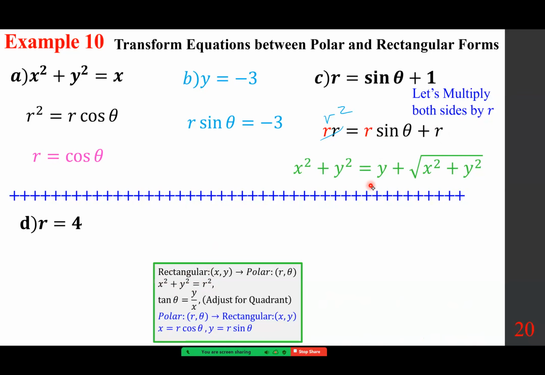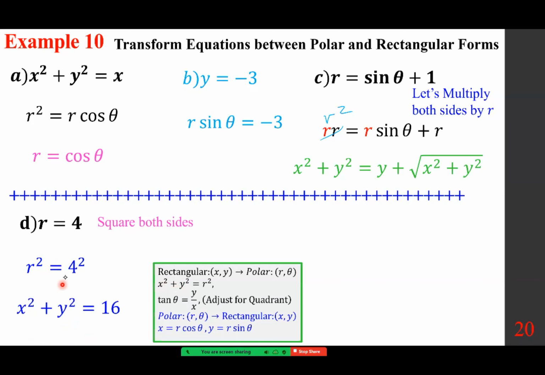What about r equals 4? The technique is to square both sides, which means r squared is 16 in essence. So what is r squared? X squared plus y squared equals 16.